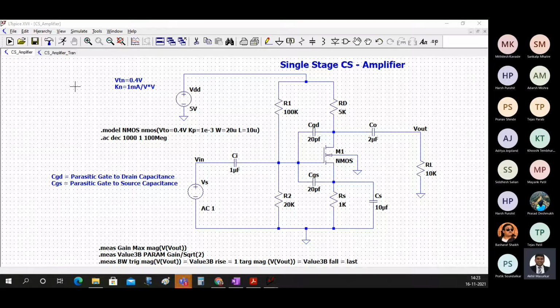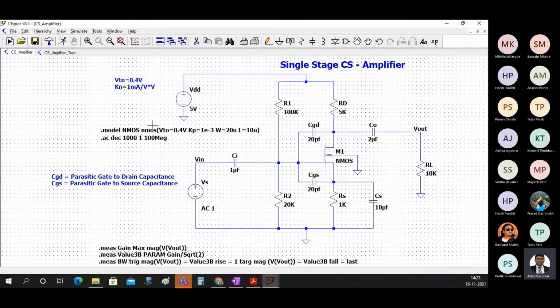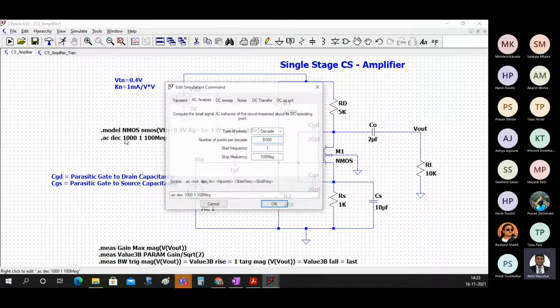Yes, sir. Okay, so now what you will do is you will click on this source, select none and write AC amplitude as 1 and convert that dot tran command to a dot AC command with sweep of decades with number of points as 1000.